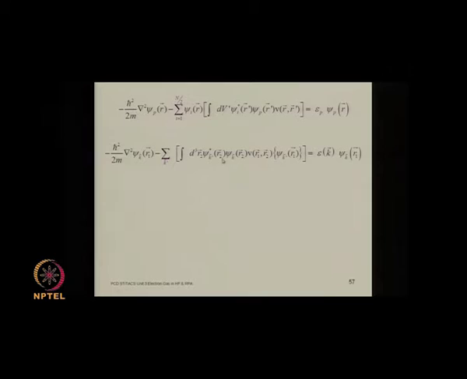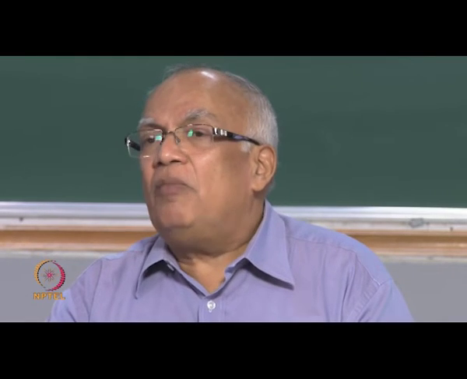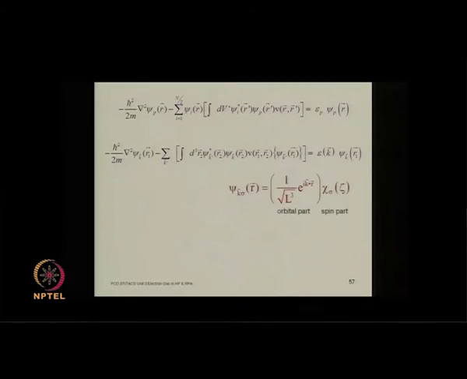And each of these, there is a psi here, there is a psi here, there is a Coulomb interaction here, and there is a psi here, and each of these are plane wave solutions which are box normalized. These are 1 over root V, e to the i k dot r. Okay. They are not atomic orbitals anymore, these are plane waves which are box normalized. So, each spin orbital is a plane wave which is box normalized, it has got an orbital part and a spin part, and these are the orbital parts of these equations.